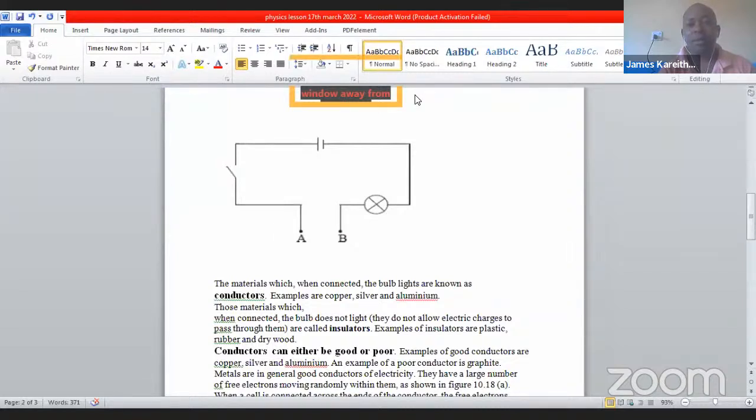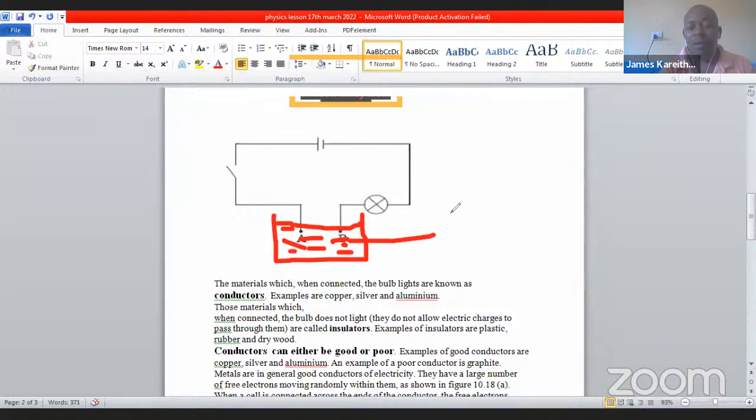Supposing instead of now using solid materials, I use something here, which is a container, and inside that container, I dip terminals A and B, and I ask myself, if I put a liquid inside this container, let me put a liquid like water, for example.